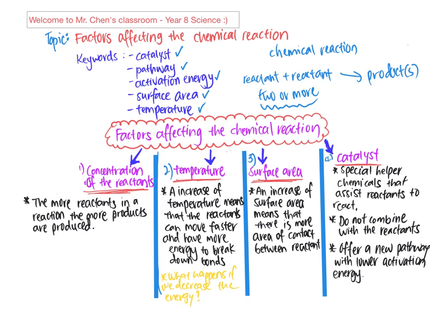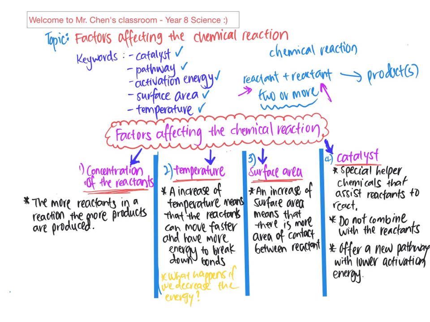Let's look at number one. Did you know that the concentration of the reactants, the things that you put in, actually affects how fast or how much product is produced?